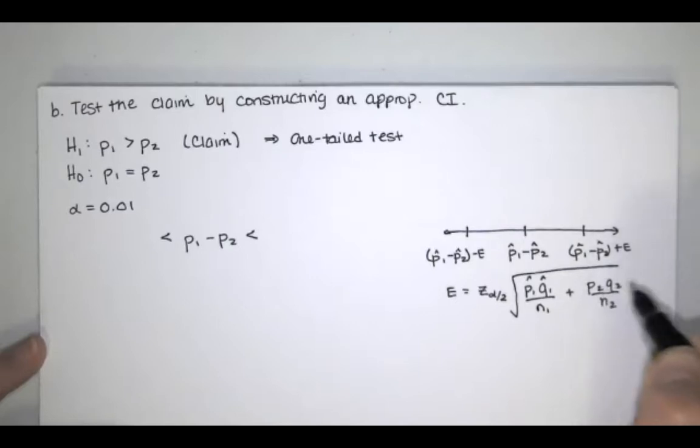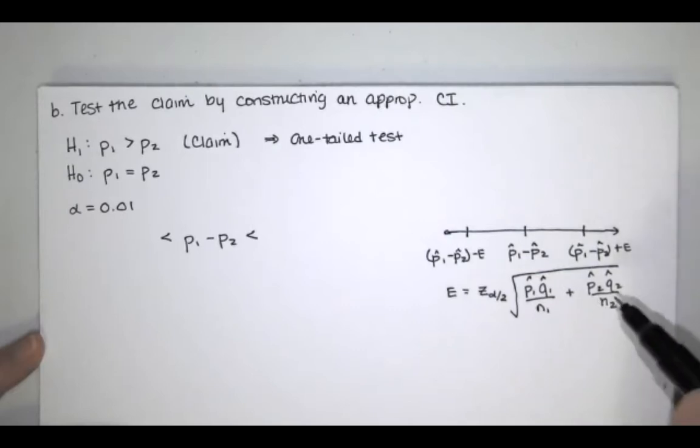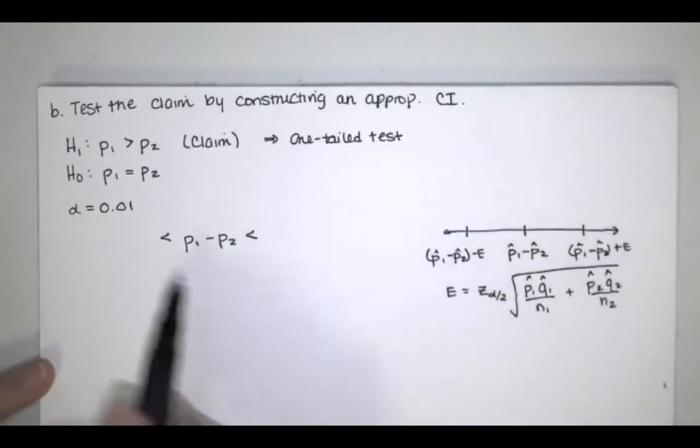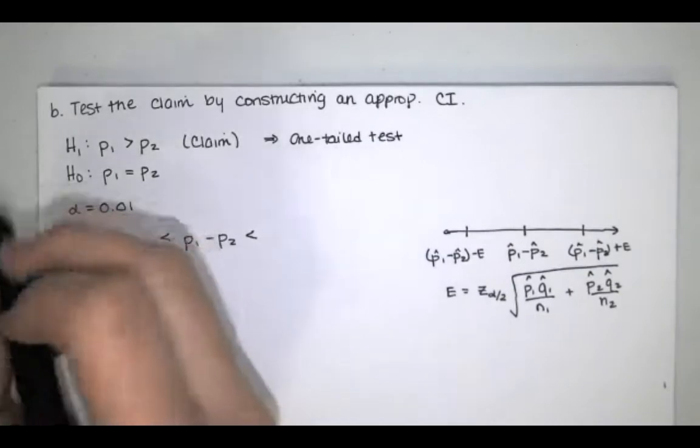But again, we don't know what P2 is, so we're going to use the estimated P2 hat and Q2 hat. And we're using these again instead of those pooled sample proportions because we're not making the assumption that P1 and P2 happen to be equal to each other. So this is the form of our confidence interval.